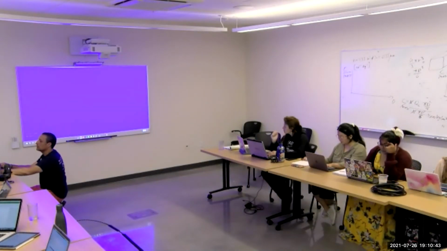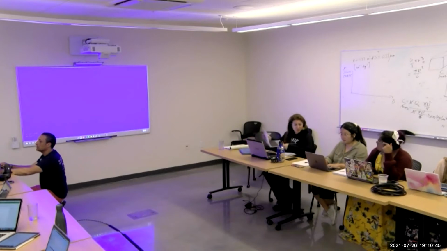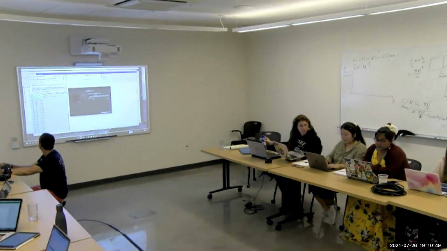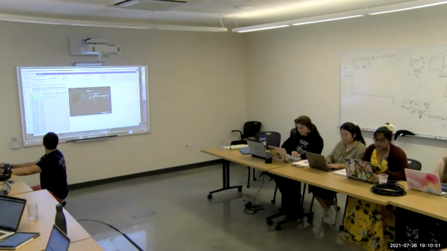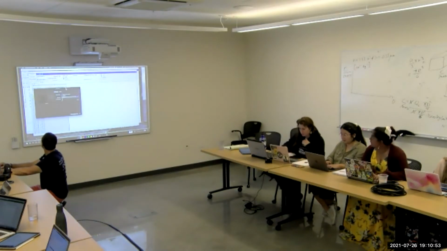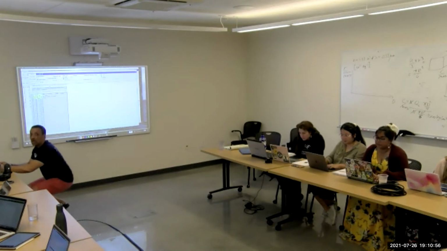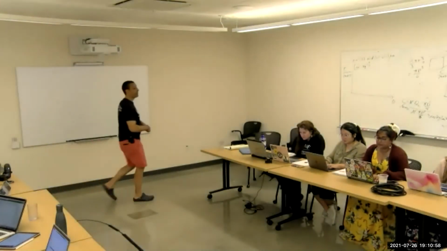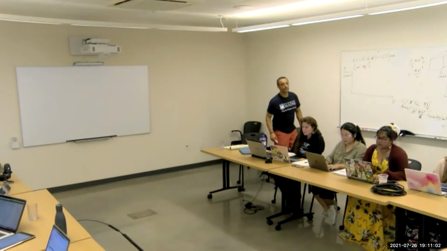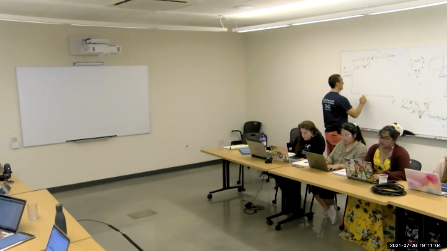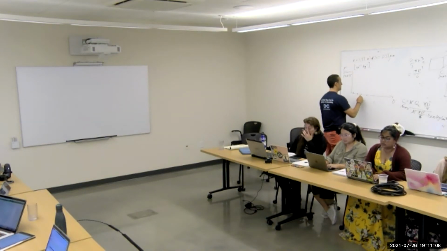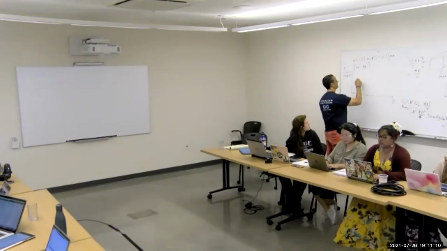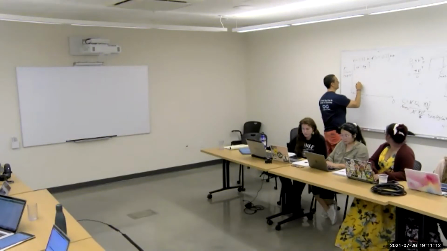I think I typed something in wrong. How small is this number supposed to be? 1.06 for what size? 0.1. So for 0.1, we got 1.06.